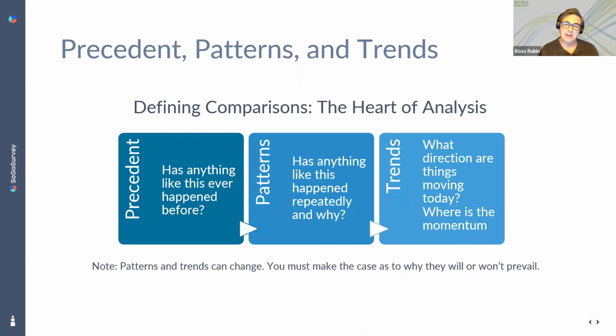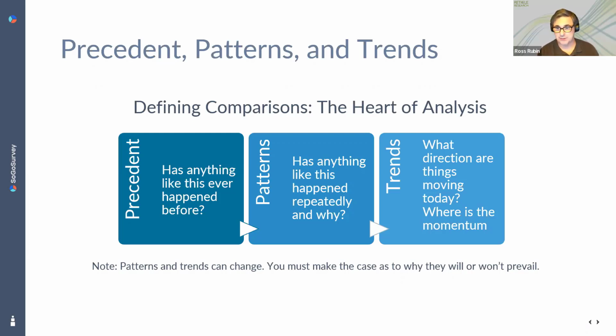Then there are patterns, okay? Are we seeing the kinds of things we're seeing in the data happening over and over again? Do they rise and fall at a particular interval? And then there are trends. Are things continuing to move in a certain direction? And of course, these are all great ways of thinking about these various tracking studies.